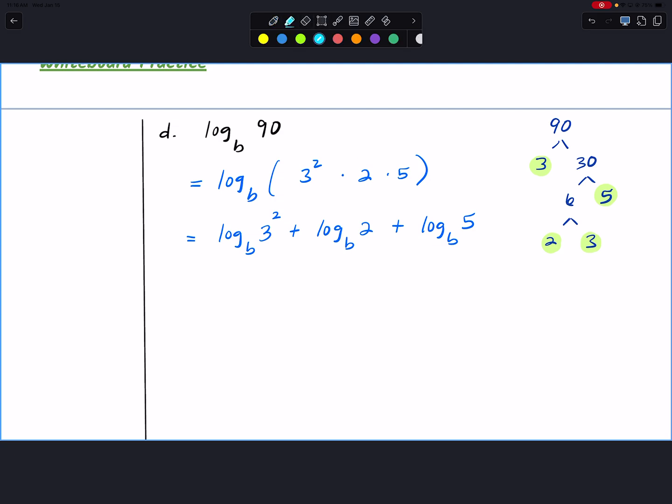I can bring the exponent here to the front. So this is going to be 2 times 0.5646 plus 0.3562 plus 0.8271.